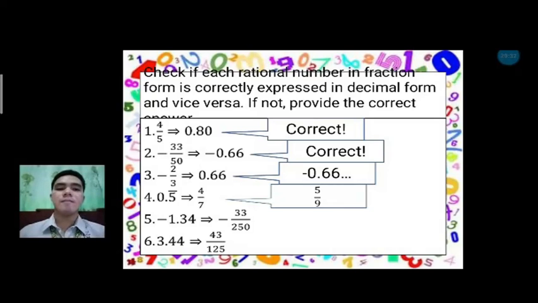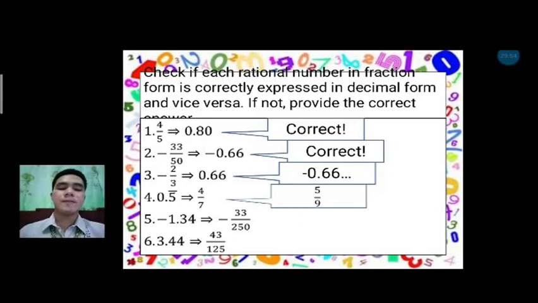Because as you can see, 5 is the repeating digit, therefore take this 5 as your numerator. Then how many repeating digits? 1. Therefore, the number of 9s in the denominator is 1, so 5 over 9.